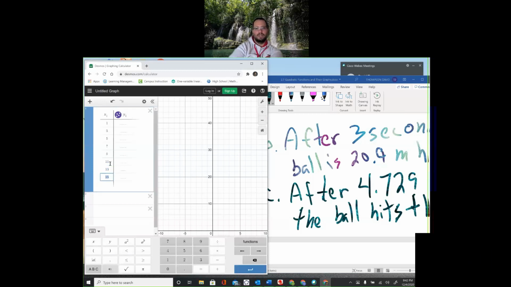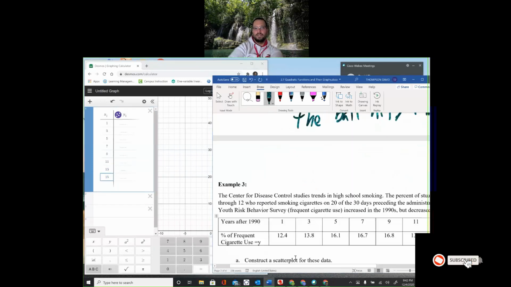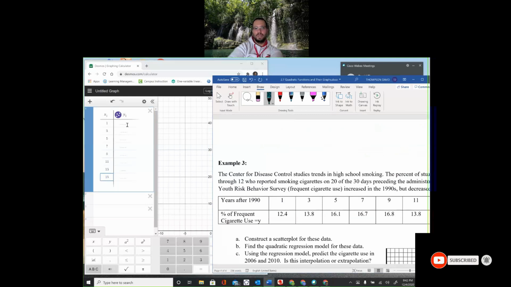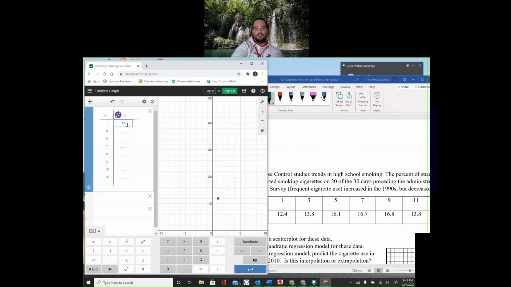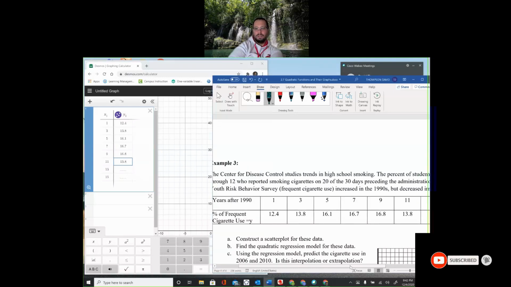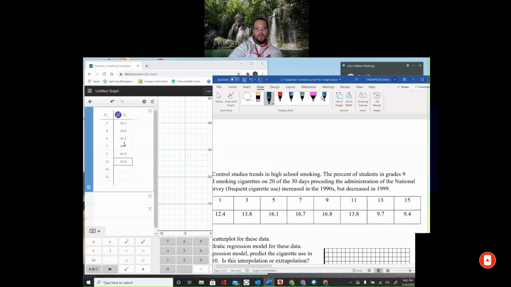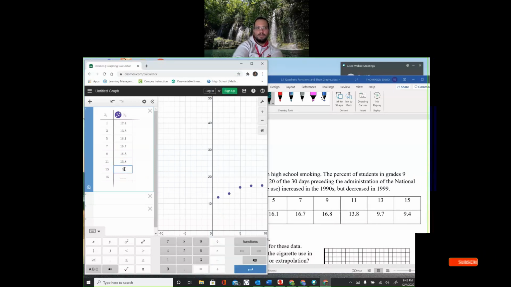Now we type in our y values: 12.4, 13.8, 16.1, 16.7, 16.8, 13.8, last 2 points, 9.7, and 9.4.